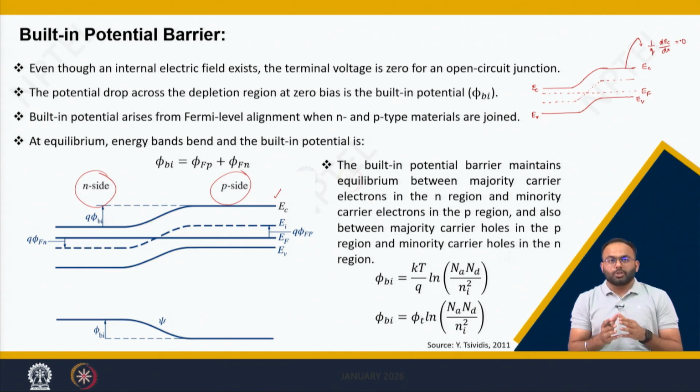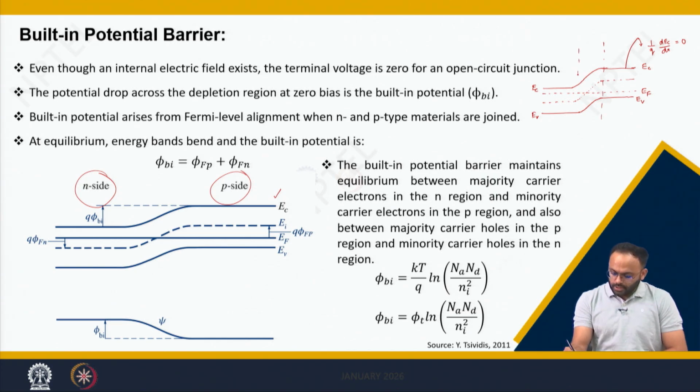It means we can assume that the electric field beyond this depletion region is 0. So this region is called the neutral region of the p-n junction. Similarly, this region is a neutral region. The bending exists only in the depletion region, and hence the field exists from the n side to the p side. So there will be a field in it.